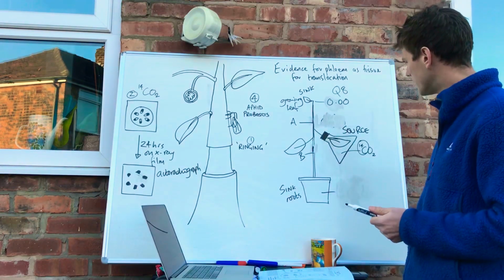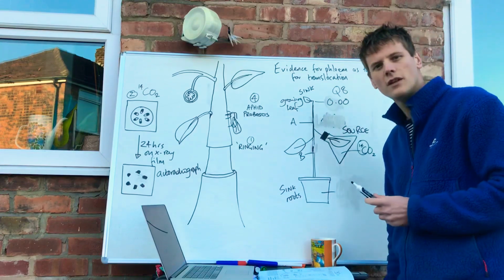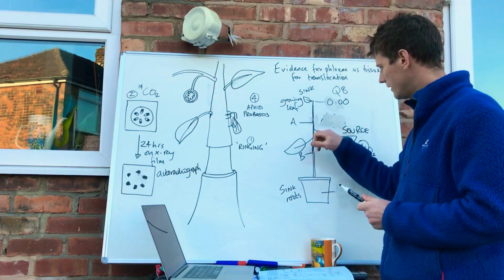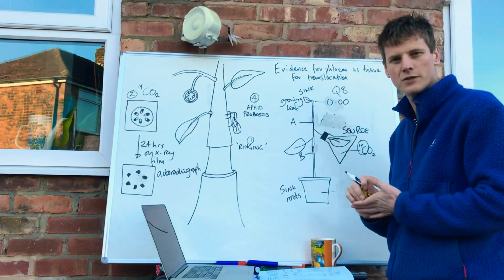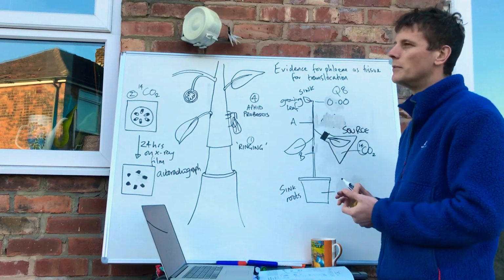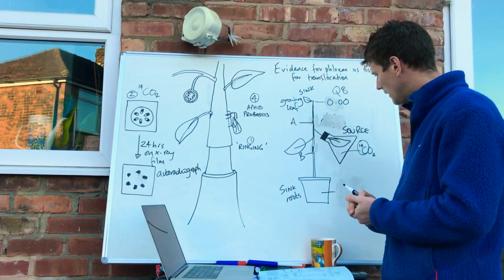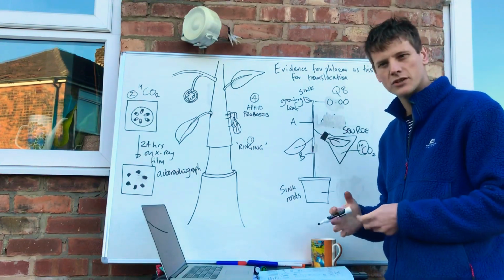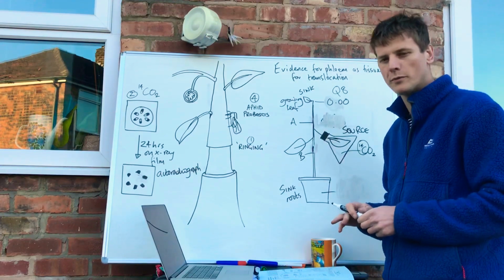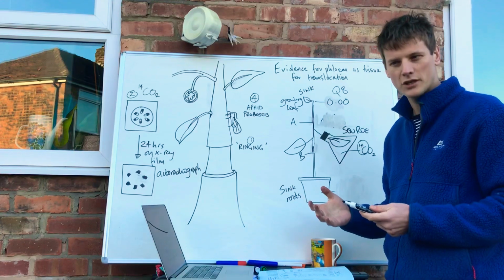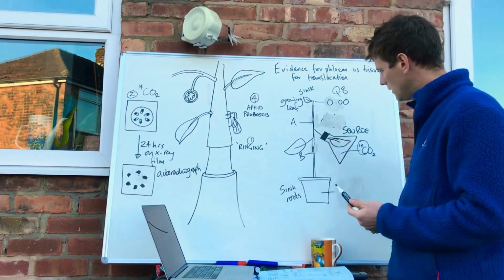So the companion cells are involved in the active transport of sucrose from the source into the sieve tube elements of the phloem. That lowers the water potential of the phloem, so water moves from the xylem into the phloem, creating that high hydrostatic pressure at the source.